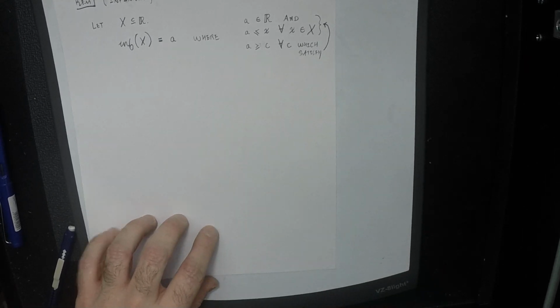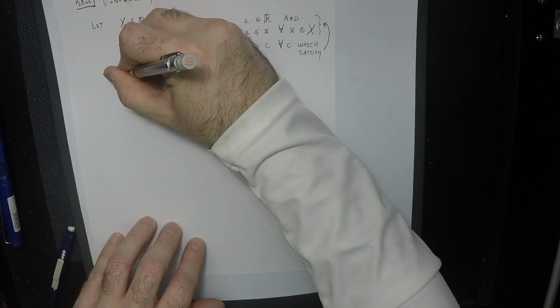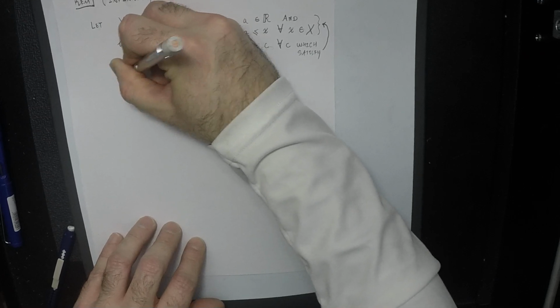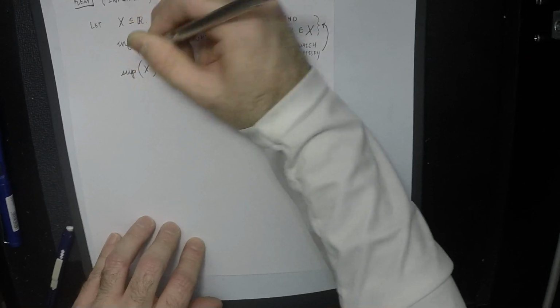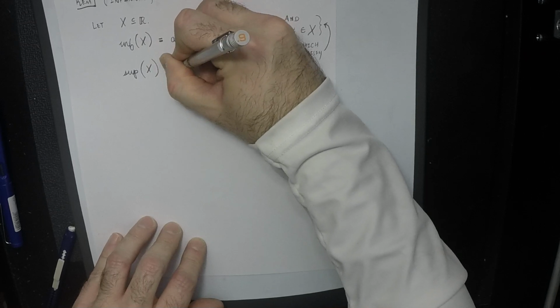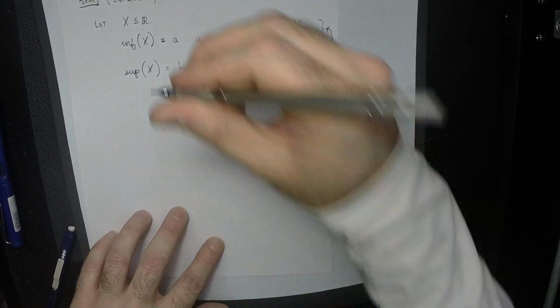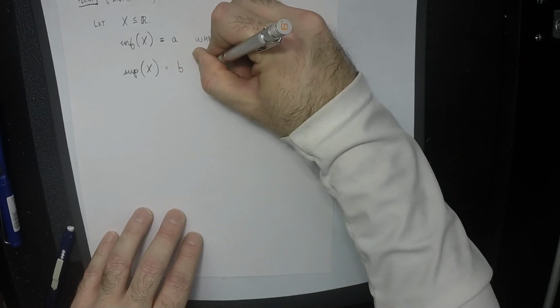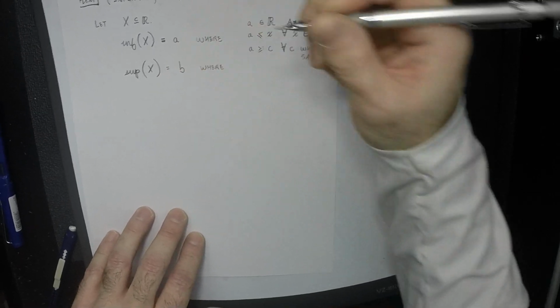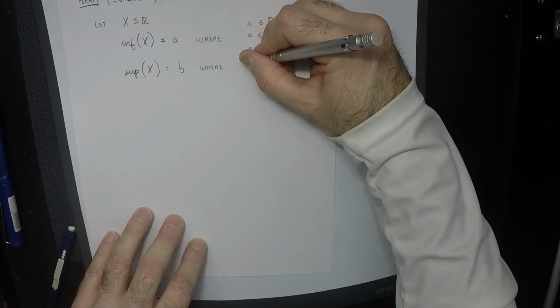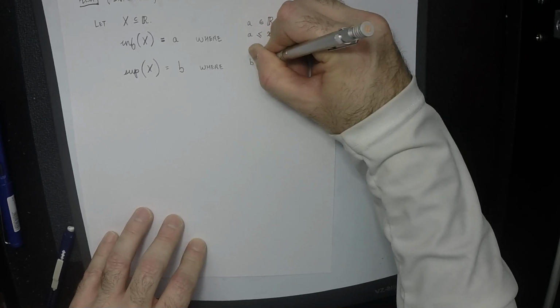Okay, the counterpart to this is supremum, denoted sup. So the supremum of X is a number B, where, in the first place, B has to be real.